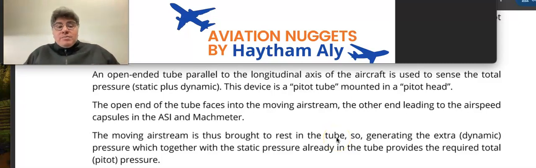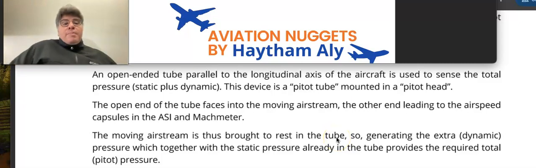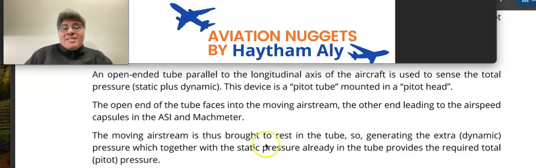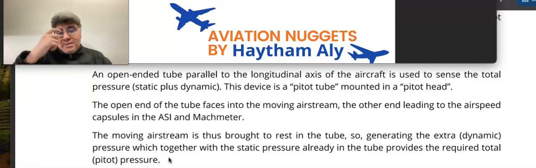Total pressure is measured by the Pitot tube, generating the extra dynamic pressure, which together with the static pressure already in the tube provides the required total Pitot pressure. So the Pitot tube is a total pressure tube. It supplies the airspeed indicator and the machmeter.